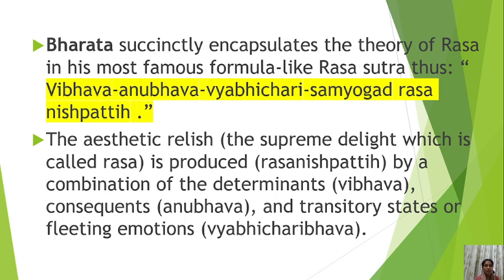What it says is the aesthetic relish, that is the rasa, the supreme delight, is produced by a combination of the determinants, that is Vibhav, consequence, Anubhav, and transitory states or fleeting emotions, Vyabhyachari Bhav.